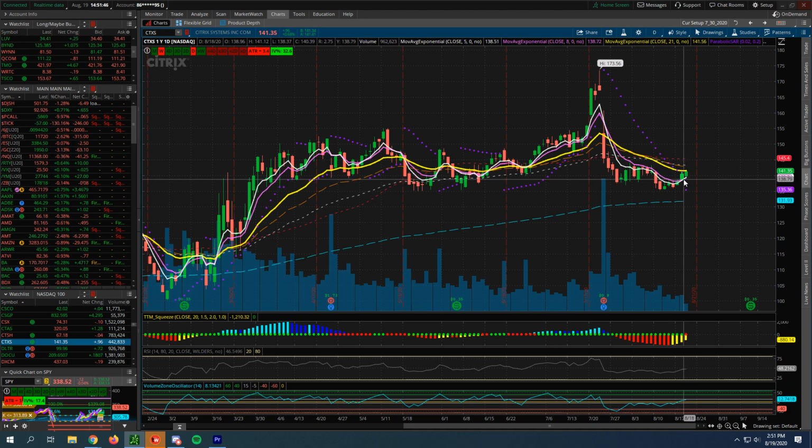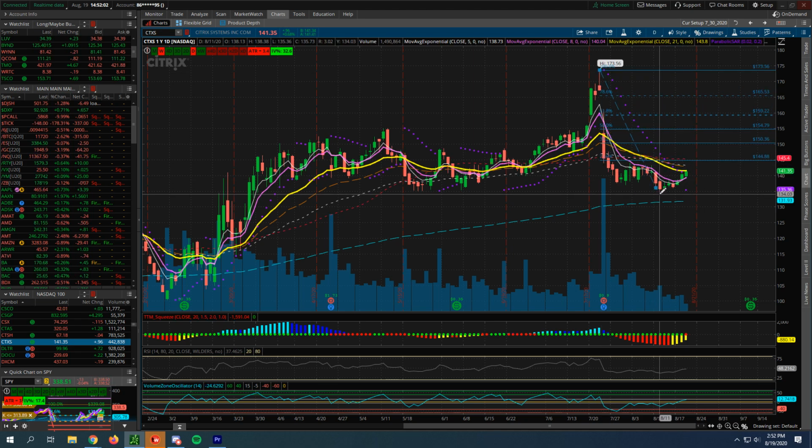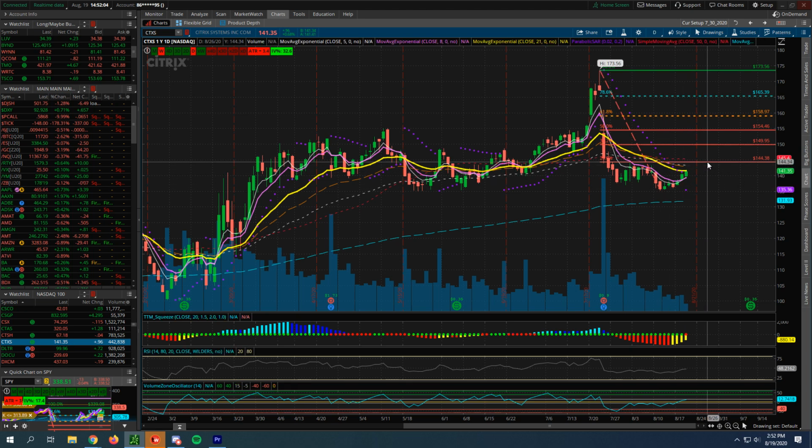We really want to see that 5 and 8 cross through the 21 and start seeing these green candles closing above the 21 EMA. We do have a squeeze. Volume zone oscillator's looking great, going positive, which is a great sign for potentially moving higher. Lines of resistance again would be around 144.38 and then potentially up to 150.